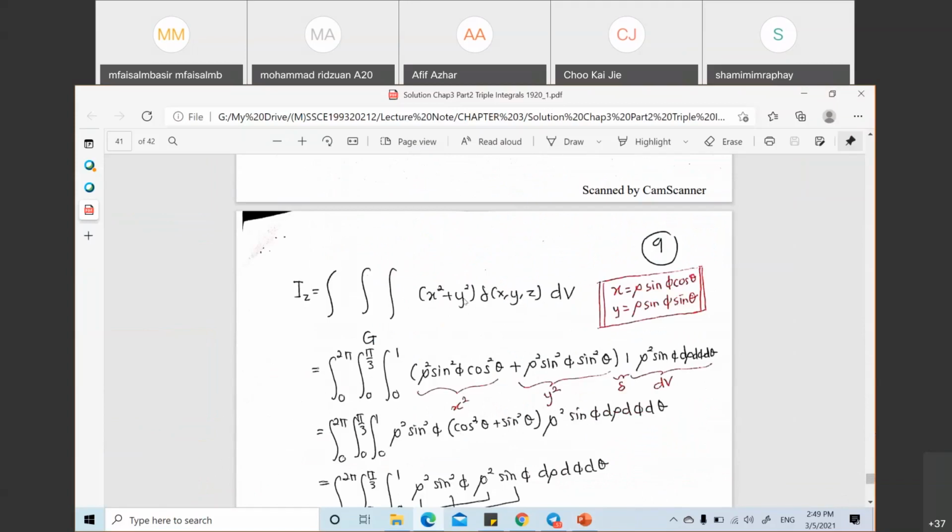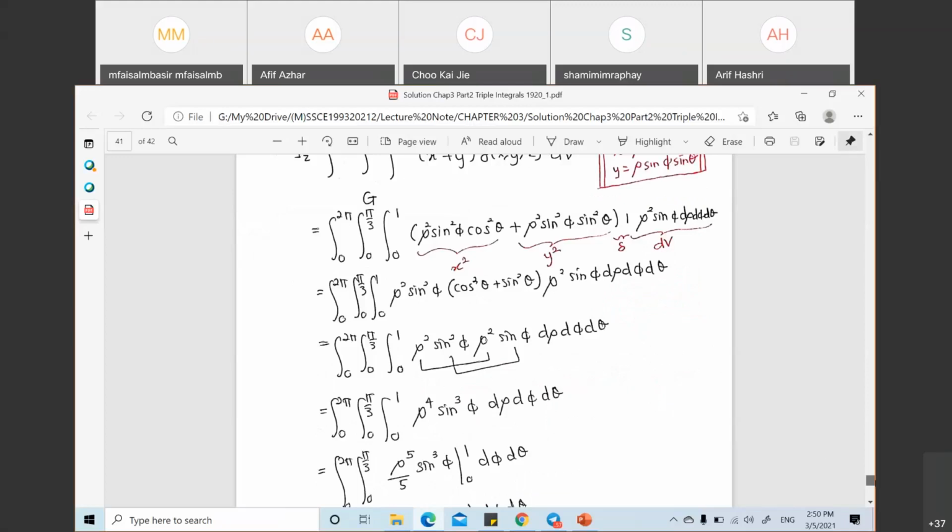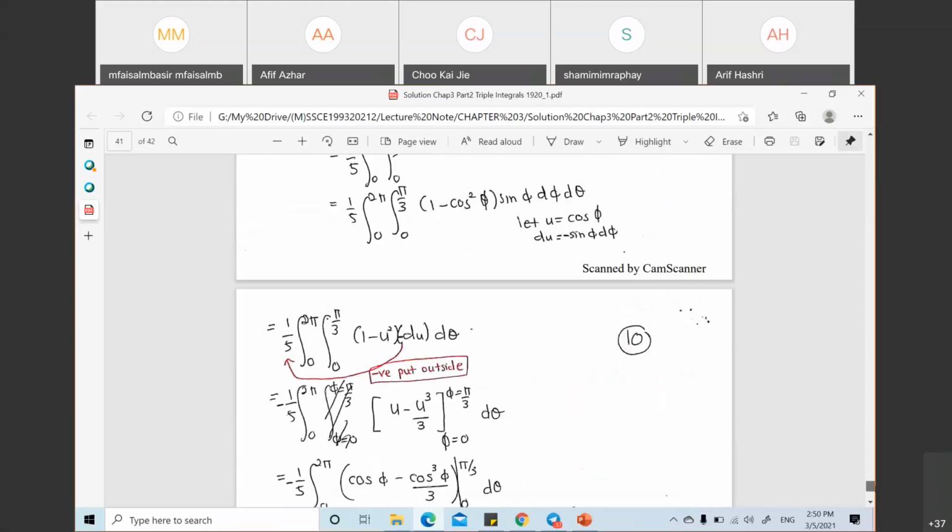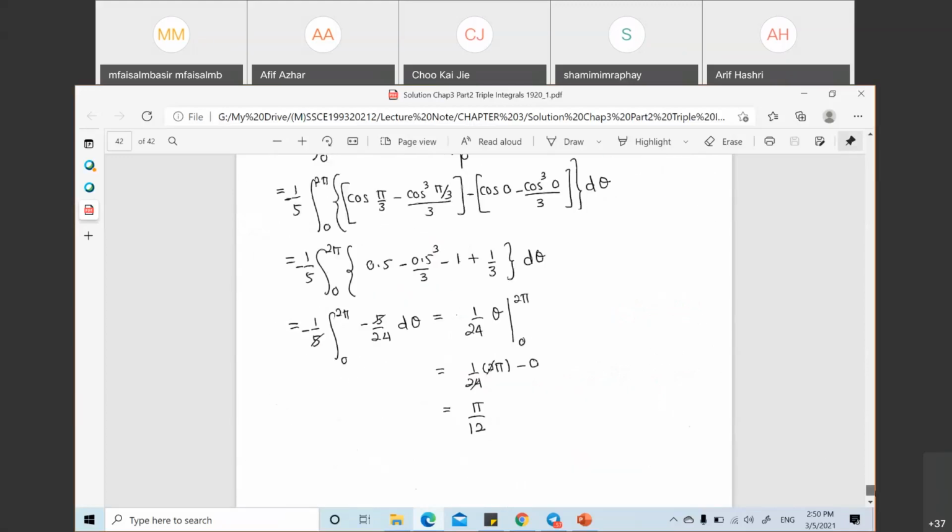And x squared plus y squared, remember, your x will be rho sine phi cos theta, and your y rho sine phi sine theta. Okay, and dV will be rho squared sine phi d rho d phi d theta. Okay, and then you substitute everything, then you get the answer.